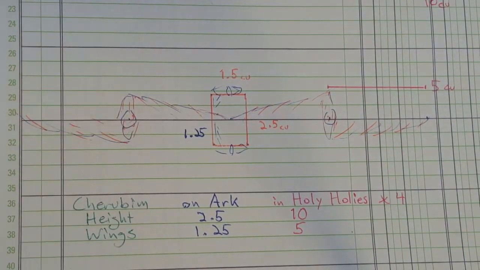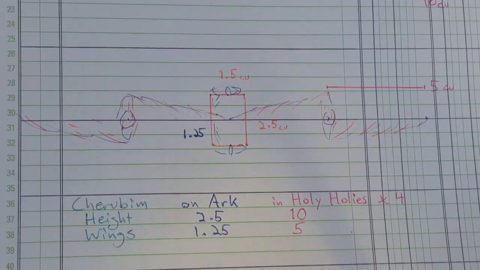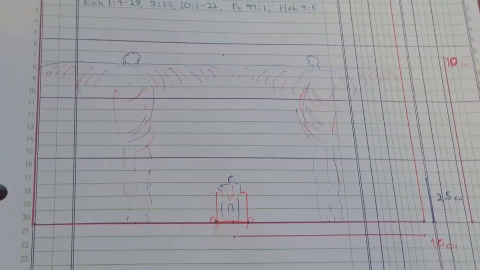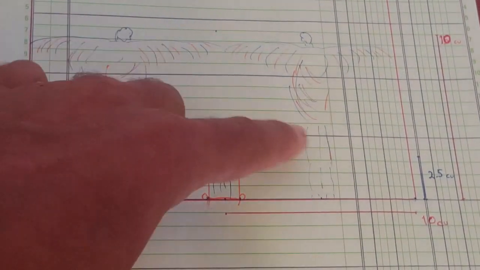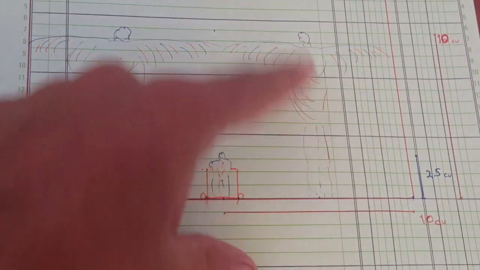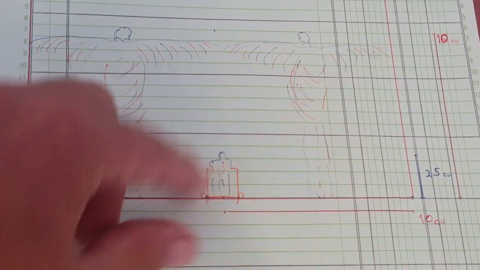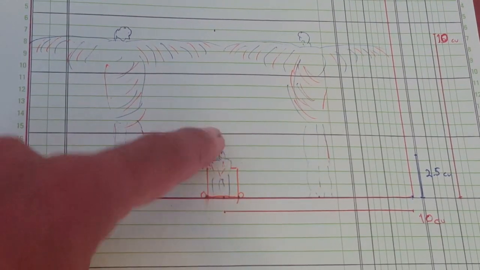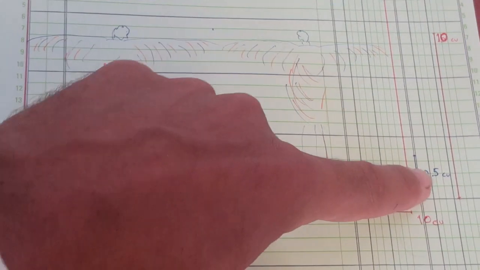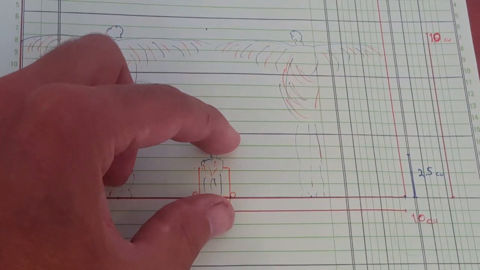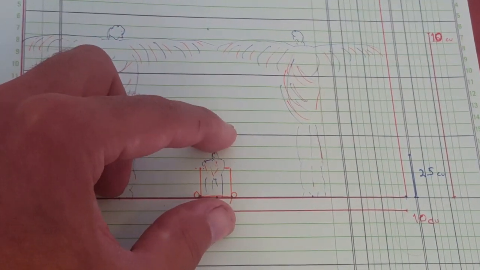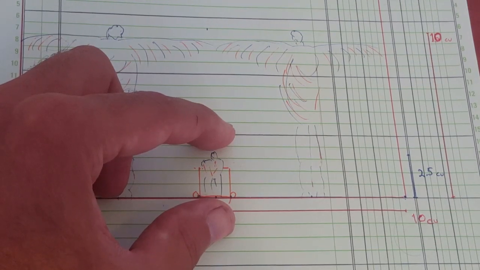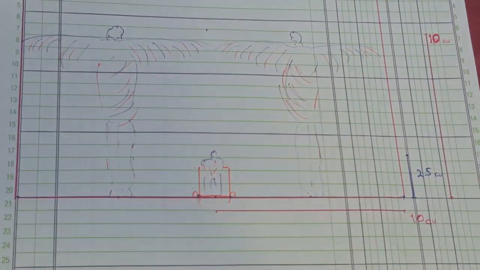Now the same thing goes for the height. Remember, they're 10 cubits in height. Well, the height of the cherubim on the Ark of the Covenant is 2.5 cubits. 2.5 times 4 is 10.